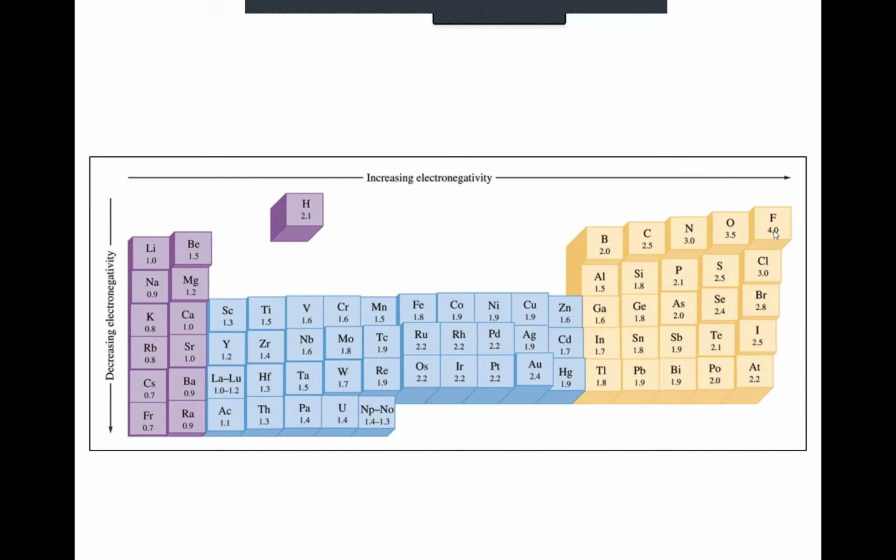They're all on a ranking with 4 being the highest. So 4, 3.5, 3.0, and 3.0. Everything else is something less than that. And so I would invite you to remember these ones, F, O, N, and Cl. Those are the most electronegative elements out there. Funkel is a way to remember those three.